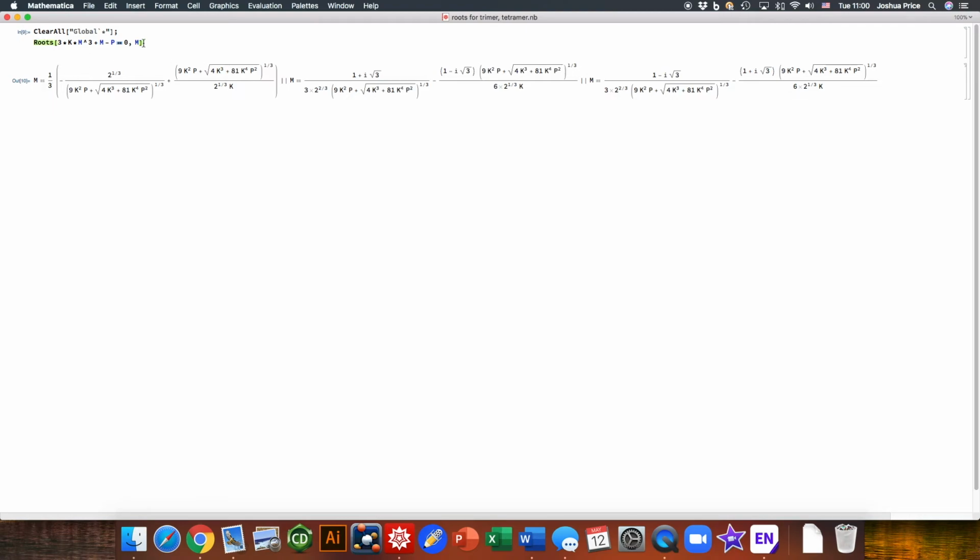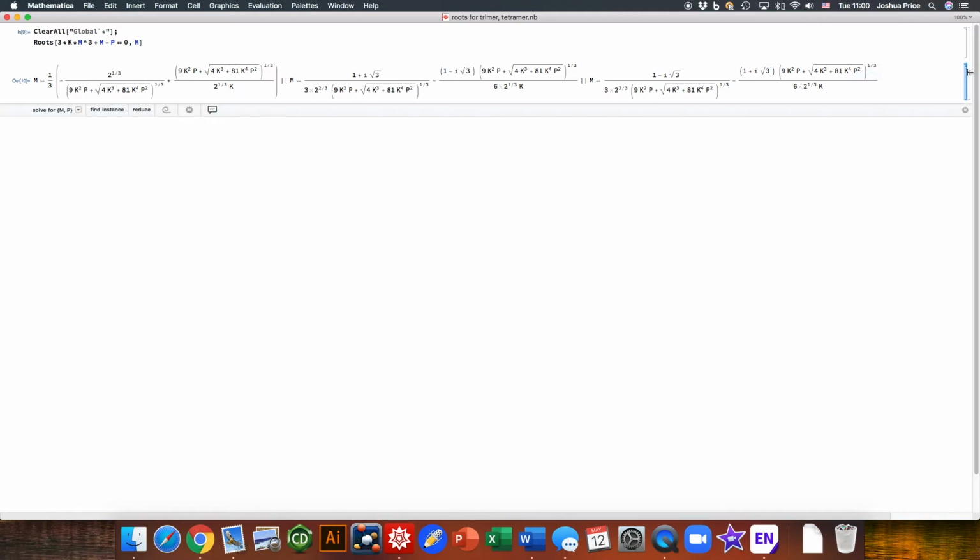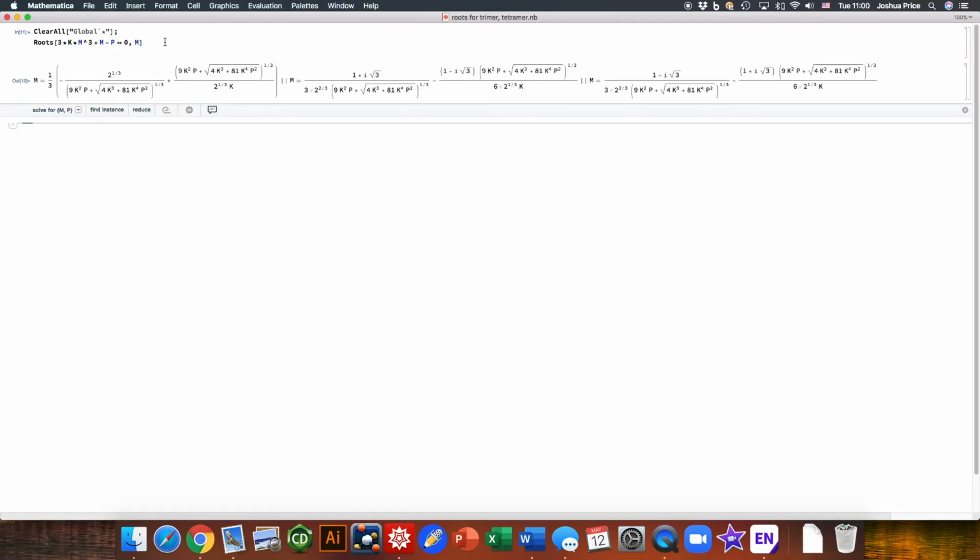Okay, but you can see very quickly, now that we've got things figured out, how fast Mathematica is at doing that. Less than a second, and we have the 3 roots of this polynomial. And if you plugged any of these numbers in for m, there are 3 here.